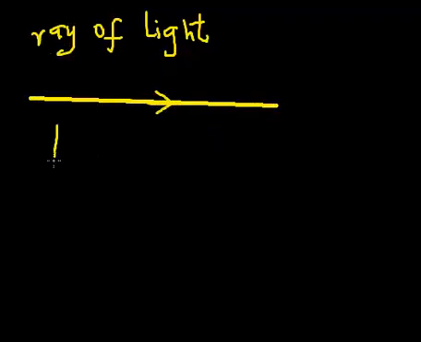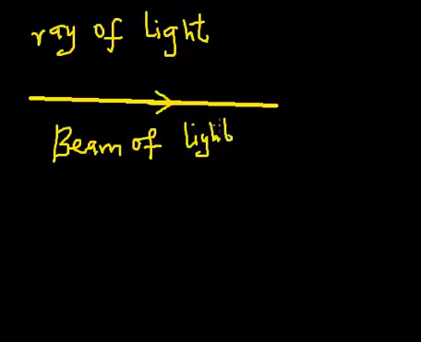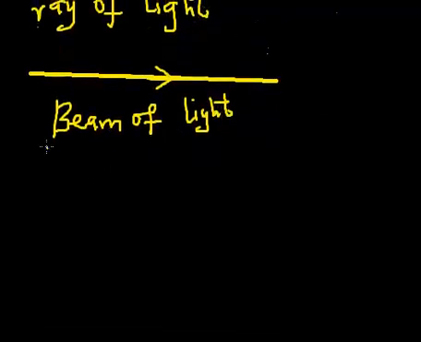Then we now have the beam of light. A beam of light is made up of two or more rays, and it is used to represent light from a very large source, for example a searchlight or a torch with a bigger surface area.